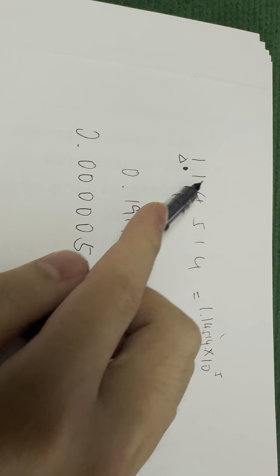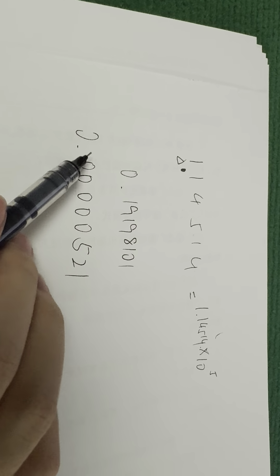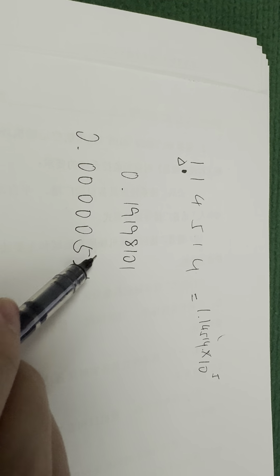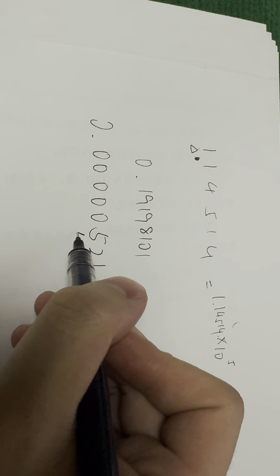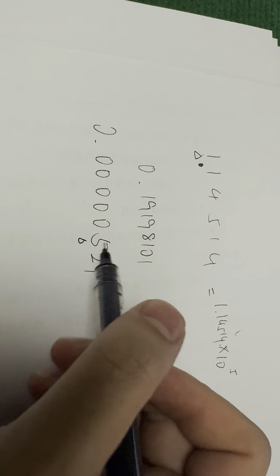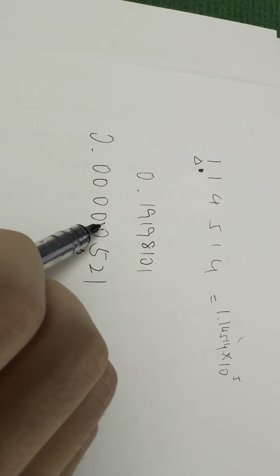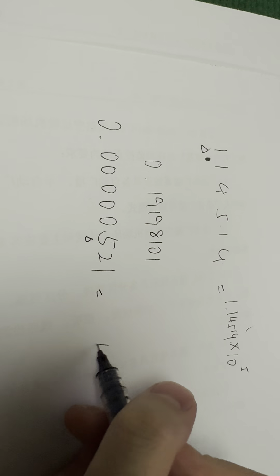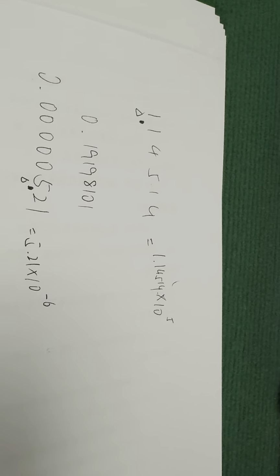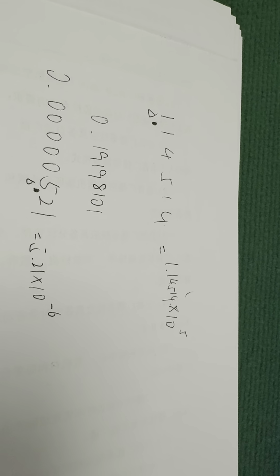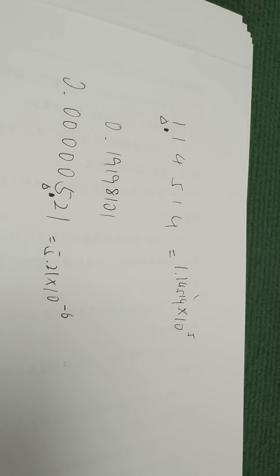Not the digits after the first digit, but how many zeros we have in front of the first digit which is not zero. In this case, 5 is the first digit which is not zero. Then count 1, 2, 3, 4, 5, 6. So 10 to the power of -6. Then 5, 2, 1 with a dot, so 5.21. It's the fastest way to find the exponent.